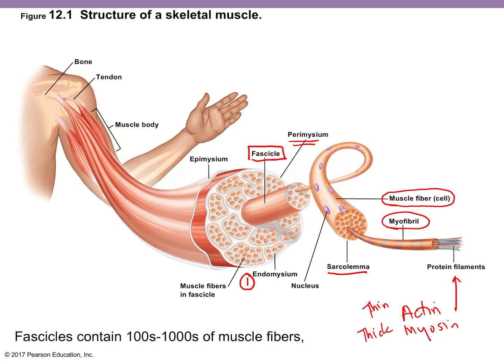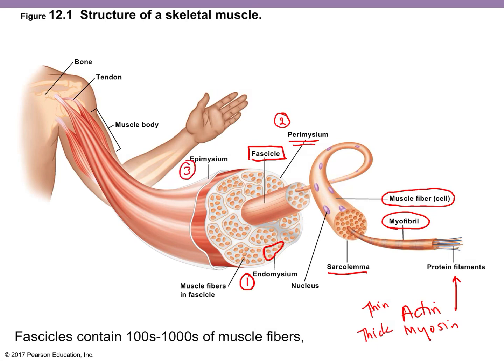That's the innermost connective tissue. So endomysium is seen here pointing inside of a fascicle. Once that endomysium comes outside the fascicle and creates that fascicle, then it's called the perimysium. The perimysium is the connective tissue that surrounds all the fascicles, fills in the spaces around them, and creates those fascicles. Then when the connective tissue comes up to the surface of the muscle, it's called epimysium.